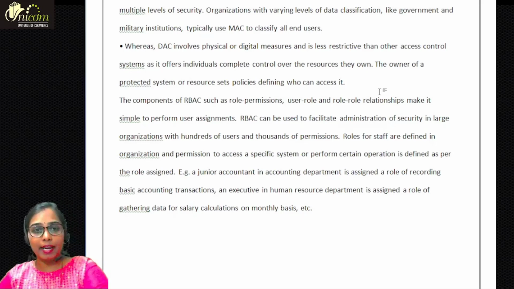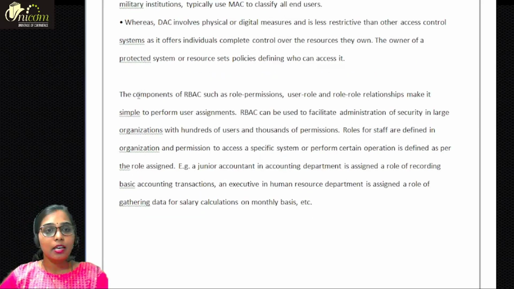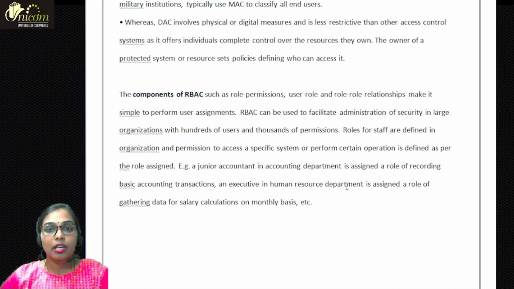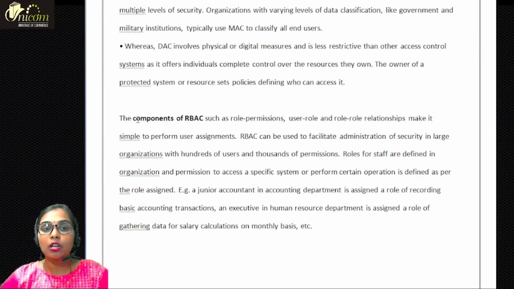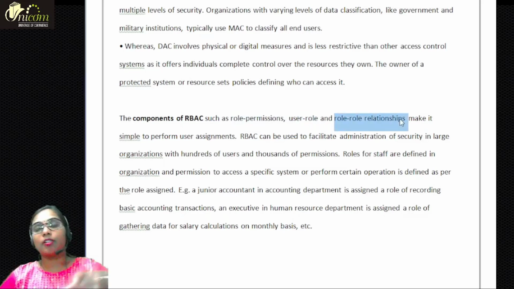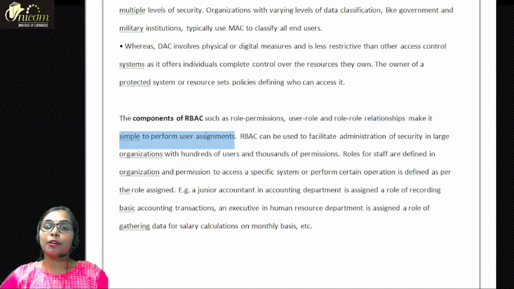Then you have another point important is what are the different components of RBAC. Okay, the RBAC means, which we read now, role based access control, right? So the components of role based access control are like, role permission or user role or role relationship, okay, which make it simple and perform user assignments.